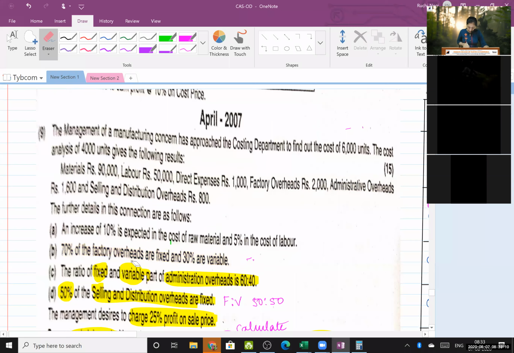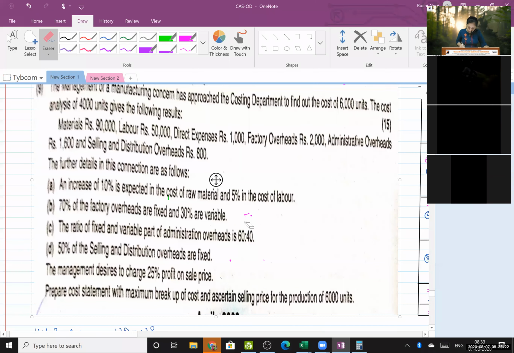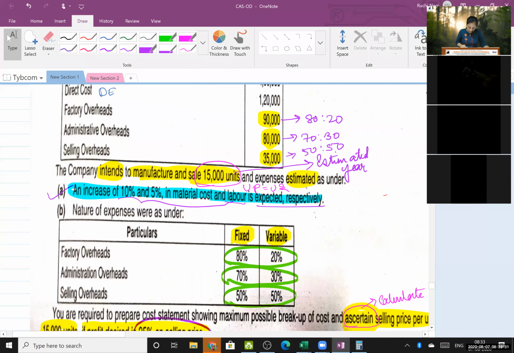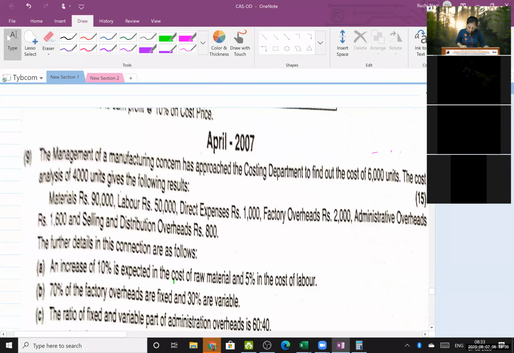Okay. It is a similar sum. Question number 18 is a similar question. So the current year I will do, and the estimated year I will give for you to solve. Okay. So look into the question. April 2007.